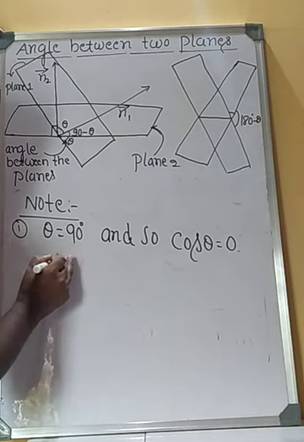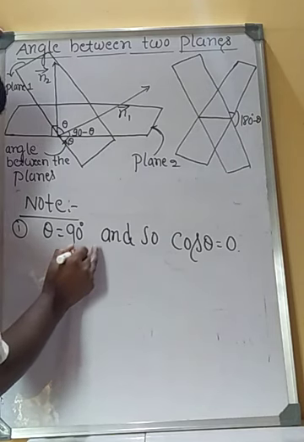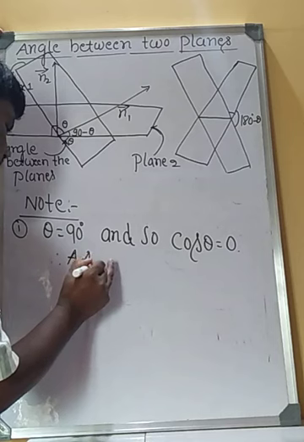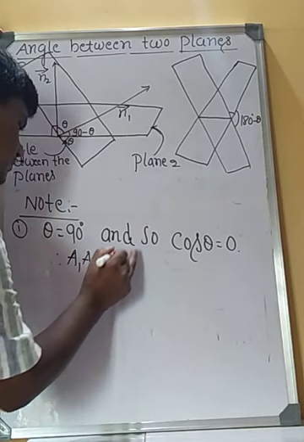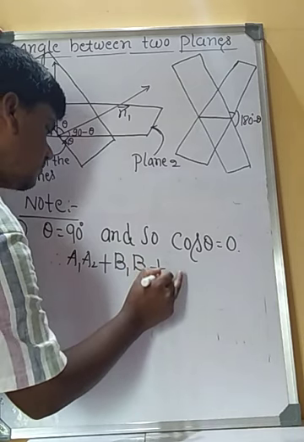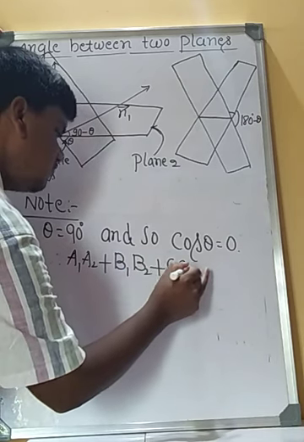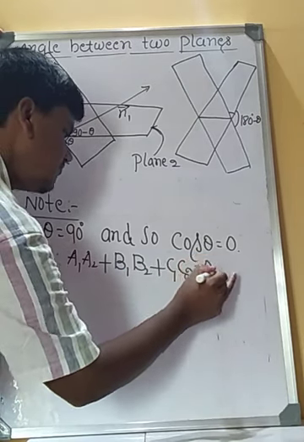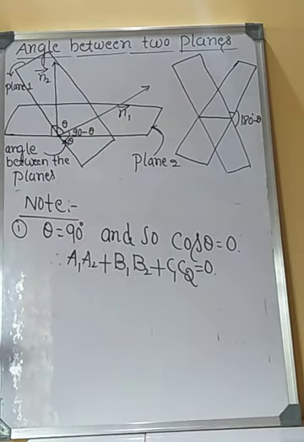Therefore A1 into A2 plus B1 into B2 plus C1 into C2 equal to 0.